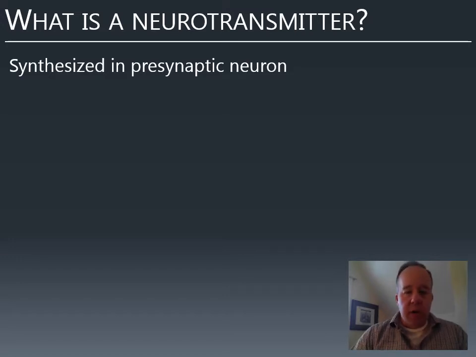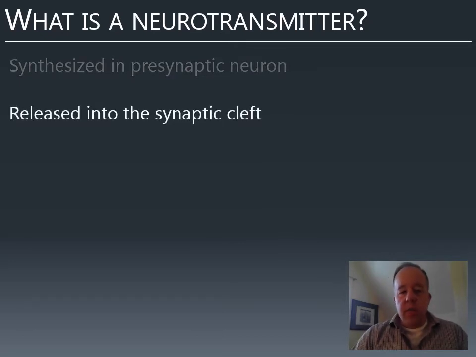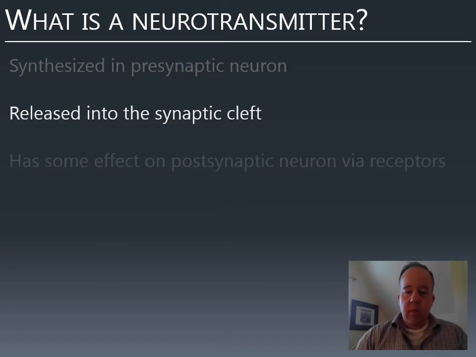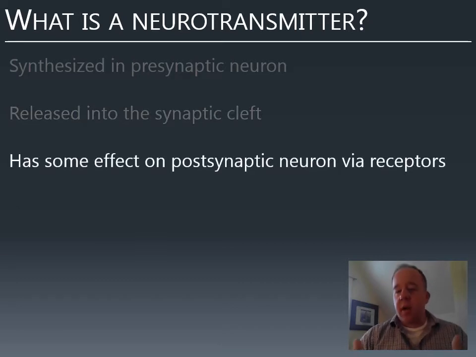But a neurotransmitter is something that's synthesized in the presynaptic neuron, so it is created, and it's released into the synaptic cleft, mainly when an action potential comes into the axon terminals. And it does something to the postsynaptic neuron. It could excite it, it could inhibit it, and it does that by binding to receptors.